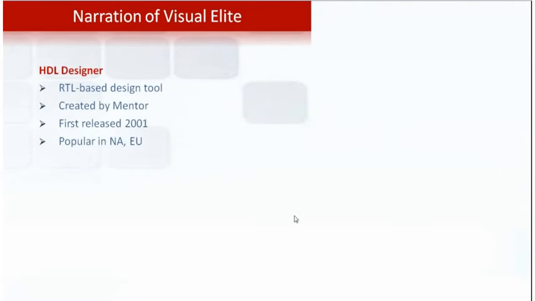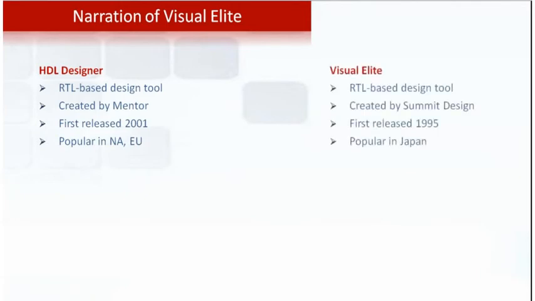Mentor had created one particular RTL based software called HDL Designer, initially released in the year 2001, and it was much popular in North America and Europe. There was another tool developed in 1995 by Summit Design.